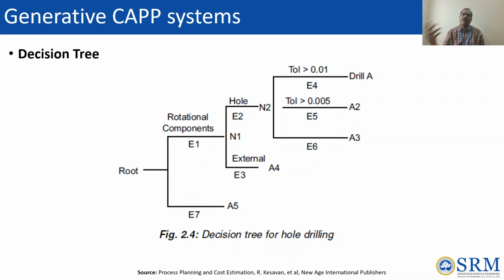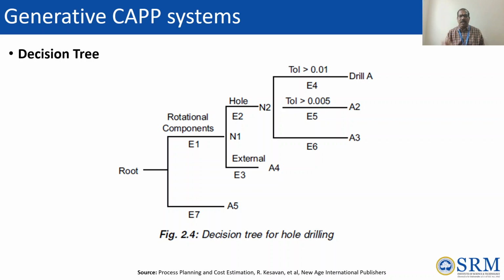Otherwise, a normal drilling machine and drilling tools. In order to make this decision tree, this kind of logic will be processed in our expert system. Once we give the part design, the knowledge base has all this information. Assuming the tolerance value is greater than 0.101, in that case we need to choose drill bit A.